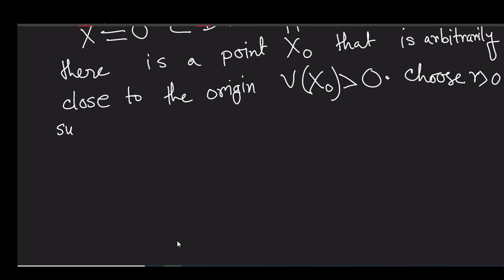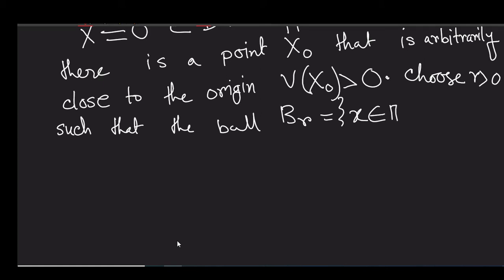Every time I am feeling apprehensive that I have reached the end of the page, so that I won't get any further space to write on the same page. Anyway, so choose r greater than 0 such that the ball Br, most of the cases you will find these are closed balls. Why is it a closed ball?